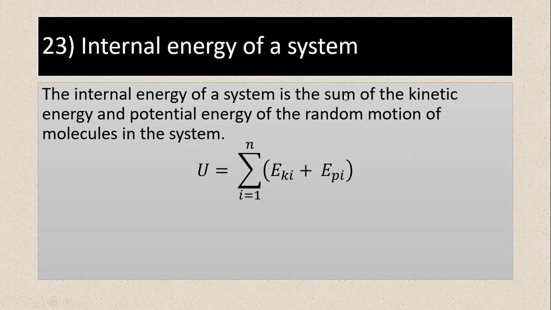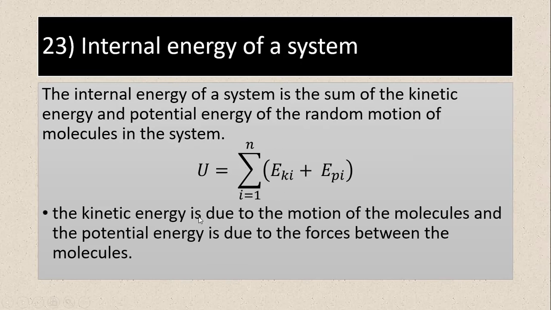So we define it as the sum of kinetic energy and potential energy of random motion of the molecules in the system. That is the mathematical way of representing it. Kinetic energy is due to motion of the molecules, and potential energy is due to the forces between the molecules, the intermolecular forces.